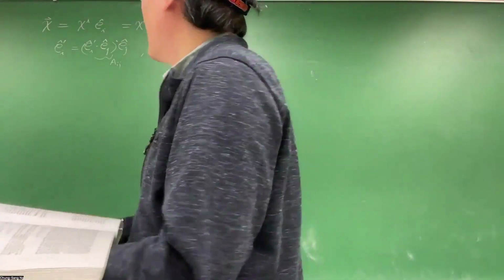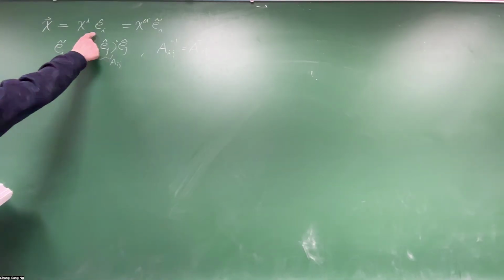And obviously, equation 4.1 is just using these old and new unit vectors to write any arbitrary vector. Except now I'm using the same thing.